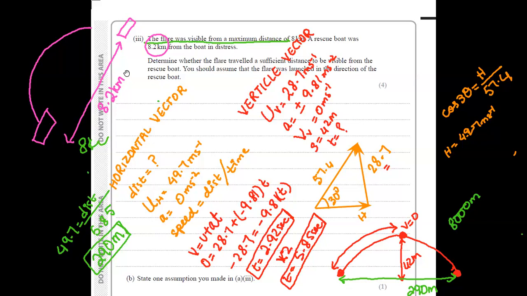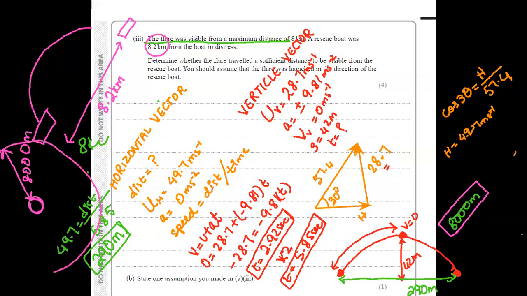If the flare is within that 8 kilometer mark, the rescue boat will be able to see it. That's the maximum distance. More than that, we cannot see it anymore, right? That's what we have to calculate. So let's say that the maximum distance is 8,000 meters. That's the radius they have given us. This is my ship that is in trouble. So the maximum we can have is 8,000 meters or 8 kilometers in any direction.